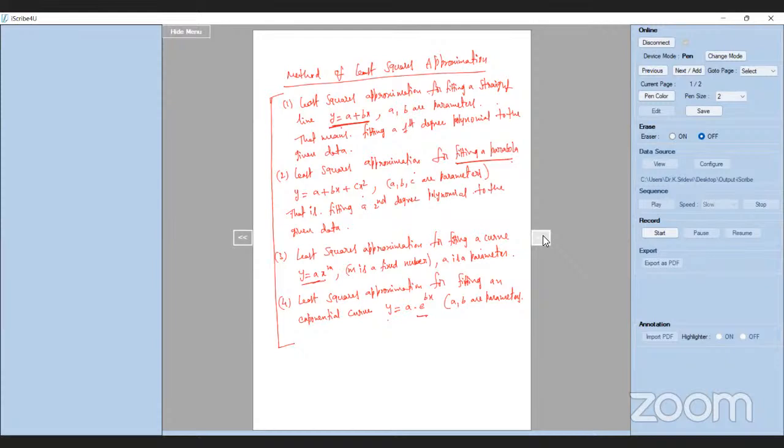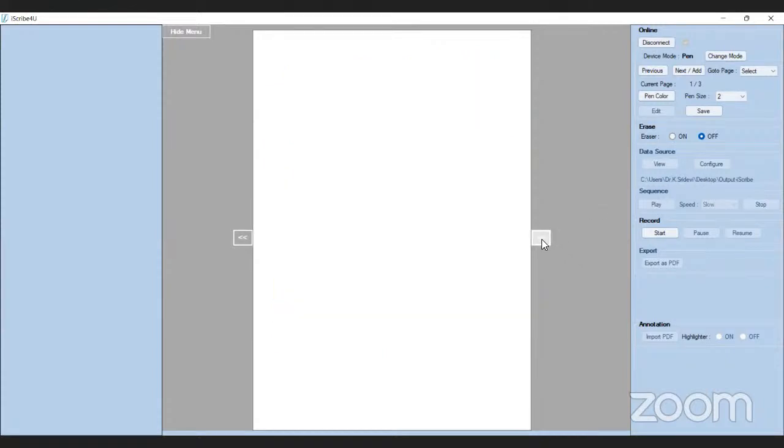So now first we are going to discuss about least squares approximation for a straight line.